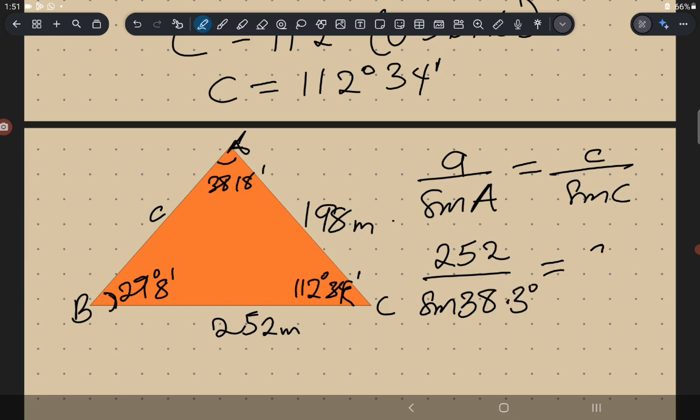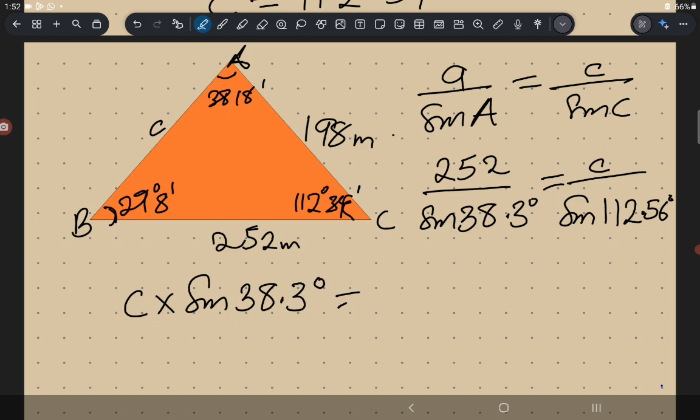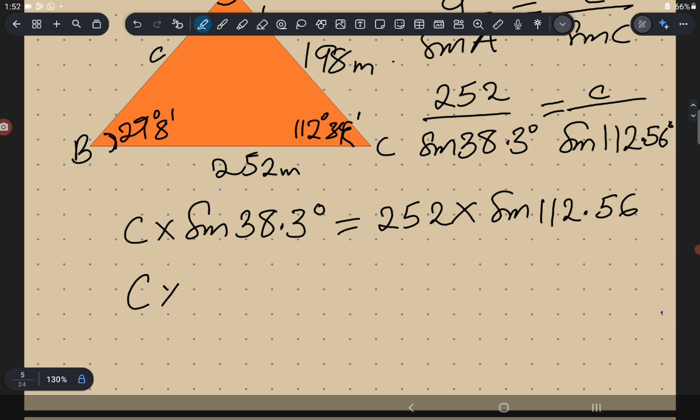We still need the value of small c, which is sine 112.56 degrees. So we continue from here to cross multiply, to have c times sine 38.3 degrees is equal to 252 times sine 112.56.